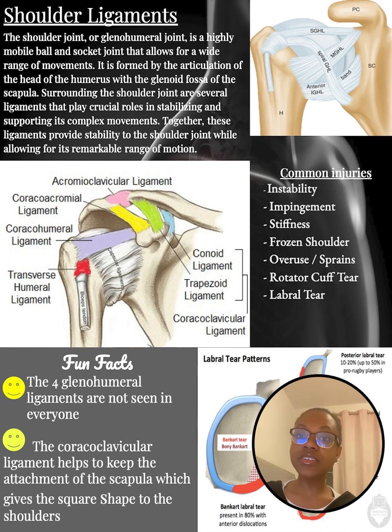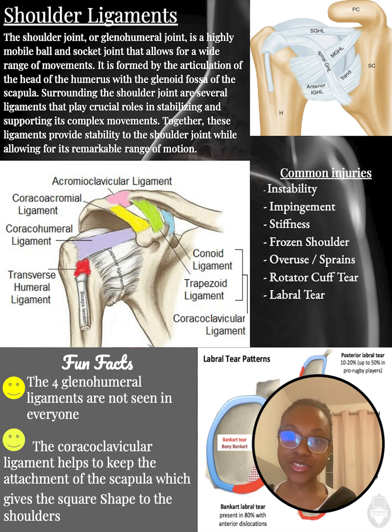So the medial glenohumeral ligament is only seen in 88% of the population, and the spiral glenohumeral ligament is the least commonly seen glenohumeral ligament in the population and is only present in 45% of the population.